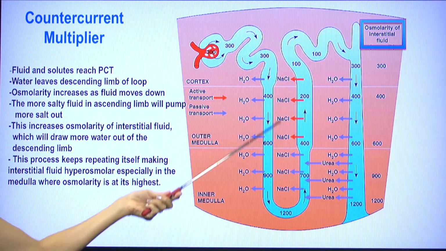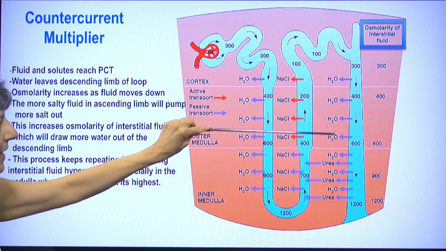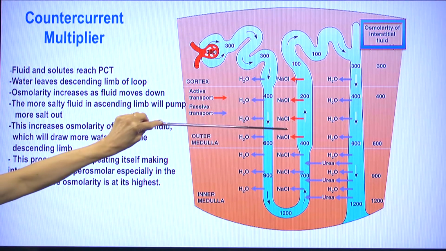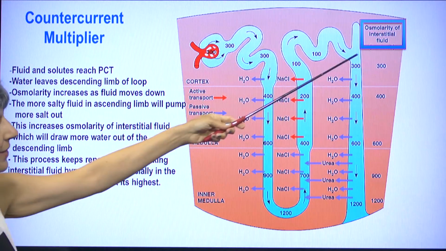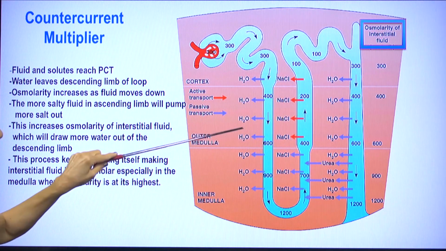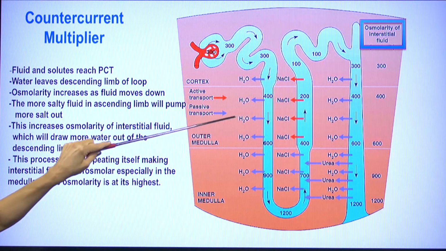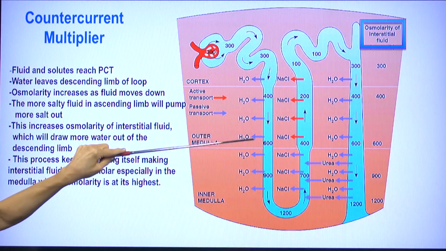Because I have more sodium chloride, the osmolarity in this area surrounding the tubules, the interstitial fluid, is going to be high. Increasing the osmolarity in this area will now suck more water out.